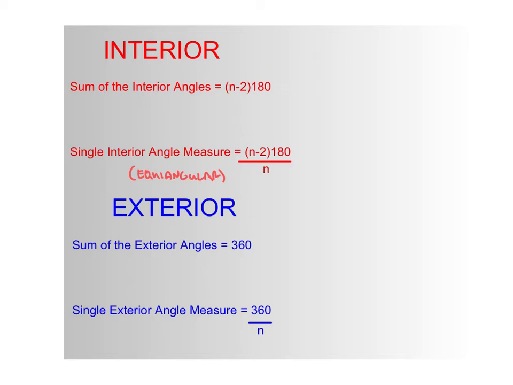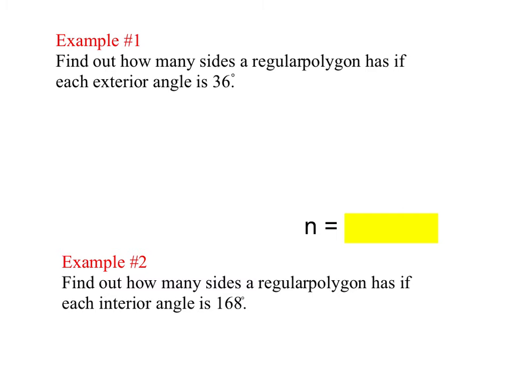That'd be n minus 2 times 180 divided by the number of sides n. For exterior angles, we know that the sum of the exterior angles will always be 360. And we can find a single exterior angle measure by taking 360 divided by n, again, assuming this equiangular property within the polygon. All right, let's use these in a few examples.